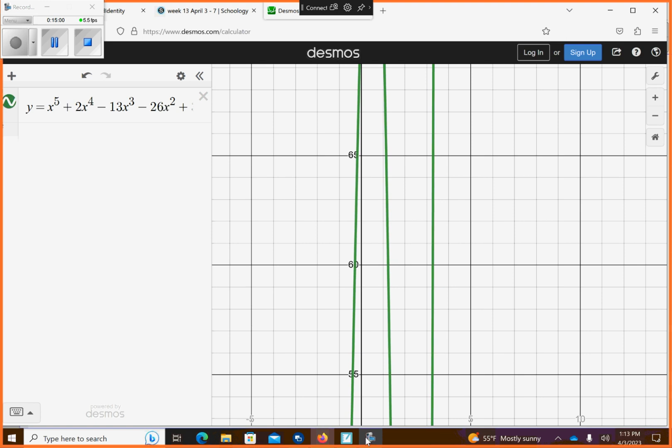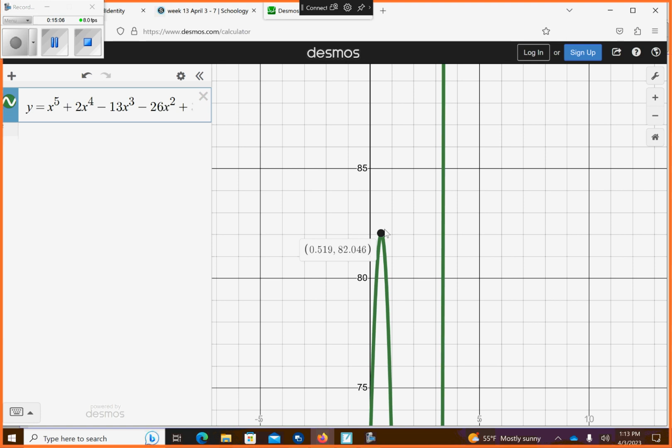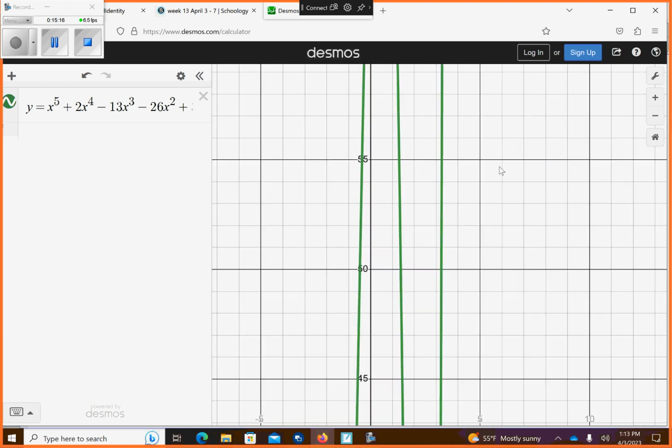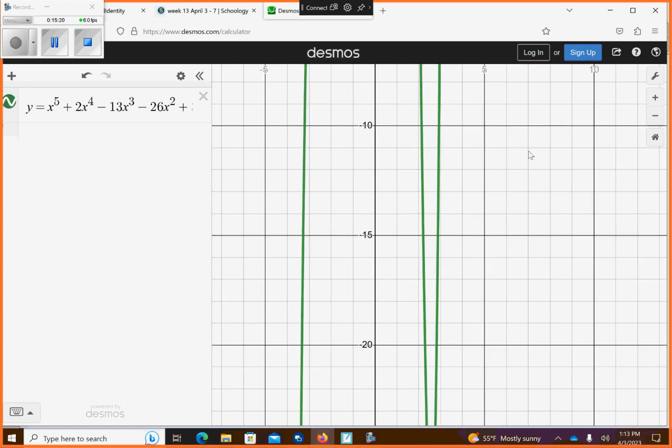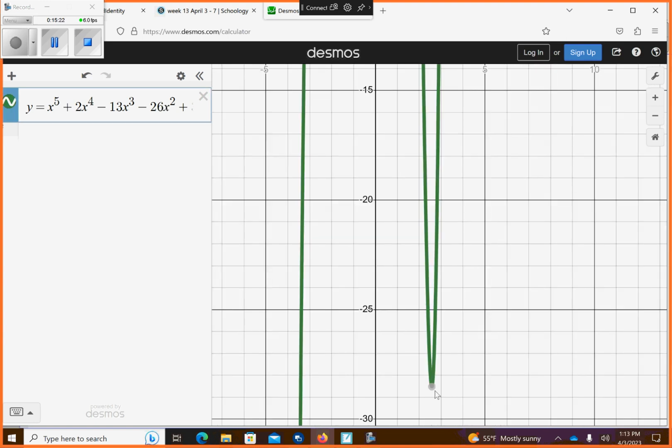And then at 0.519, I have a max. And let's lower down. And at 2.575, I have a min.